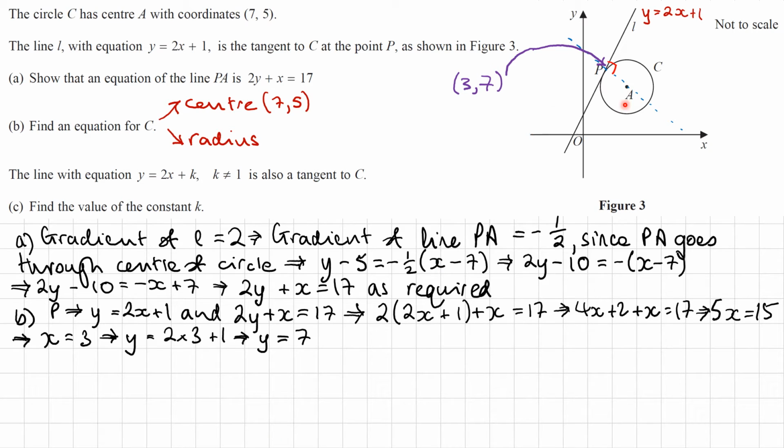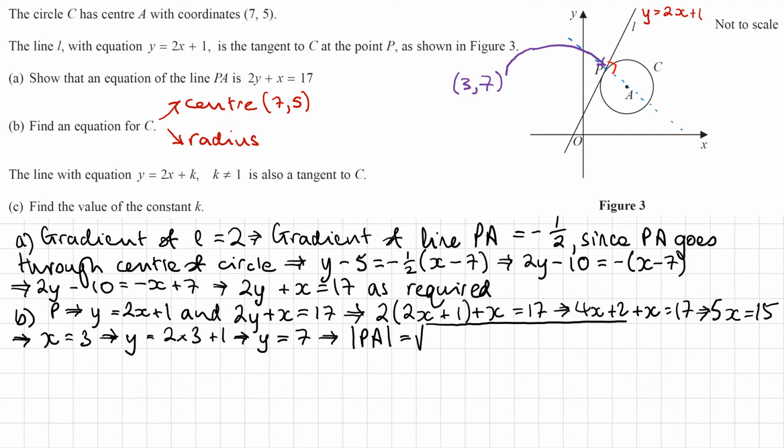What I'm going to do now is to find the distance between A and P, the center and this point, and I use Pythagoras to do that. So what I'm doing is actually finding the length of PA. Let me use this modulus symbol here to say we're going to find the length of that. So that's going to be the square root of, so let's start with the x coordinates, the difference between the x coordinates. So x coordinate at the center is 7, the x coordinate at the edge here is 3.